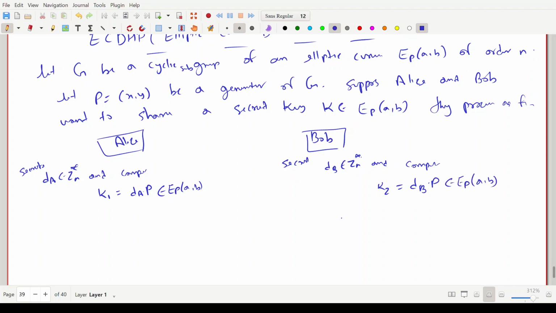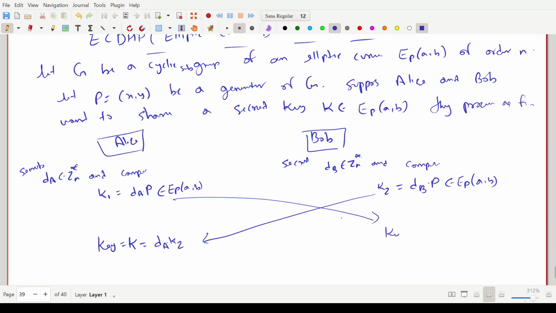As in the Diffie-Hellman protocol, this K1 he sends to Bob, and then Bob sends K2 to him. After receiving this, he can get the key. Let me call it key. He will multiply his DA with the received value, so DA is multiplied with K2.